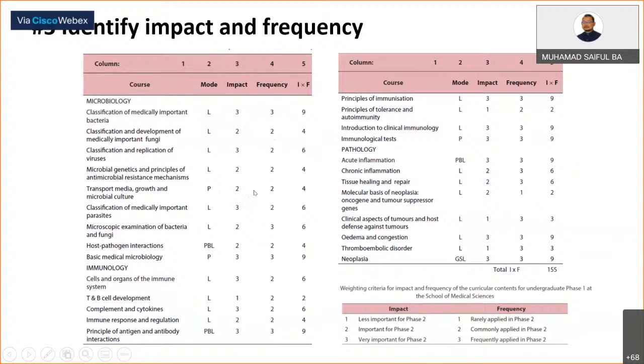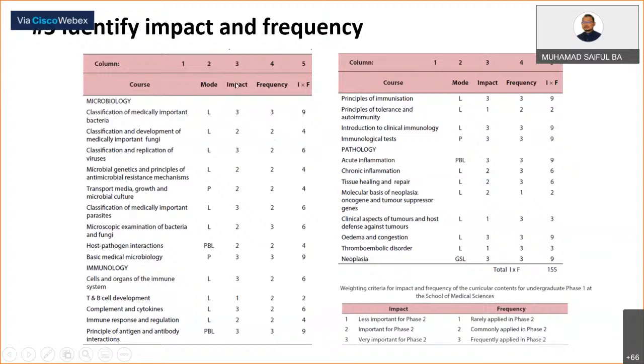So basically, we want to see how important this subject, this course, or maybe the specific content is in relation to the next phase of study, meaning the clinical phase. You can see impact and then frequency, in terms of how frequently it is used in phase 2: rarely applied, commonly applied, and frequently applied in phase 2.